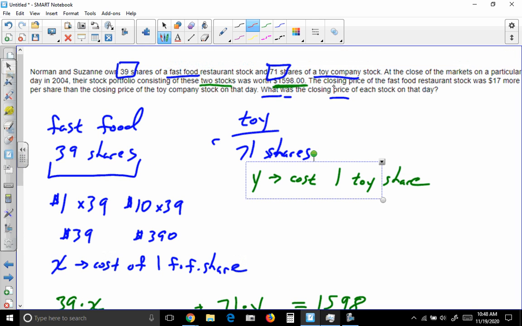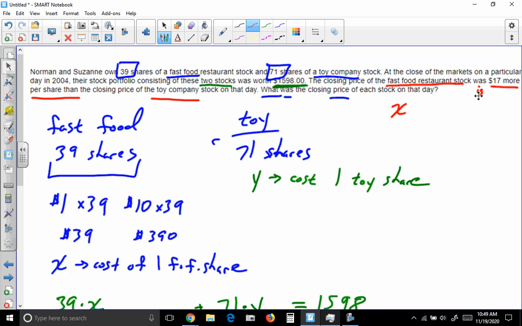The next thing they say is that the price of fast food is 17 more than the price of toys. So for one share, the cost of fast food is 17 more than the cost of toys. So the cost of fast food is x.